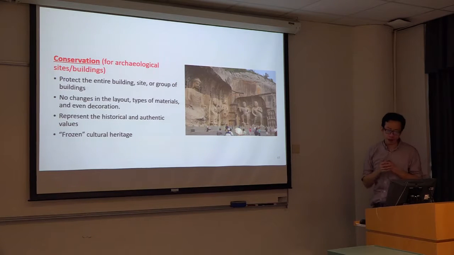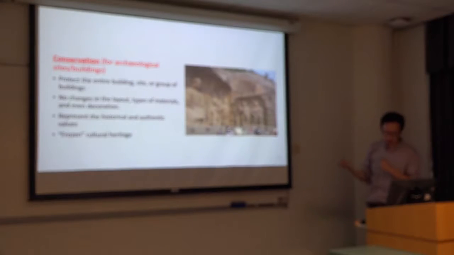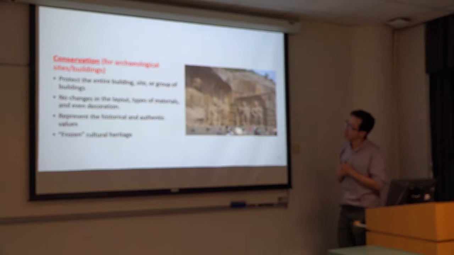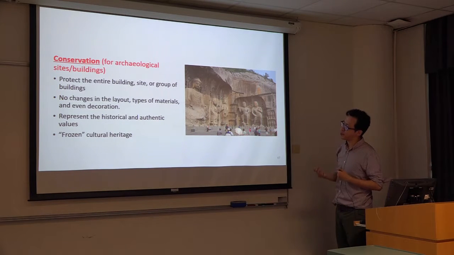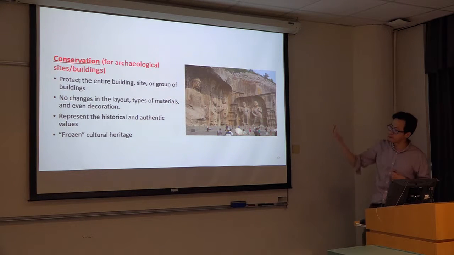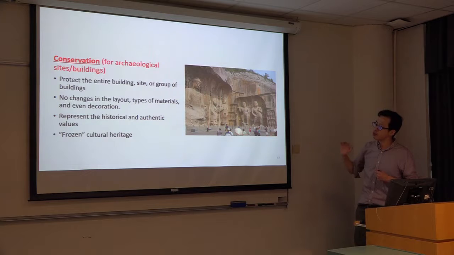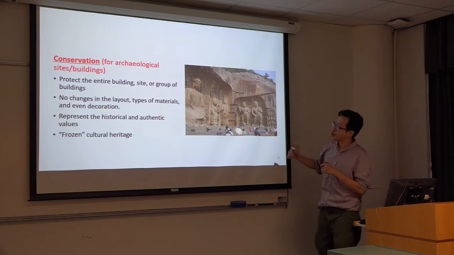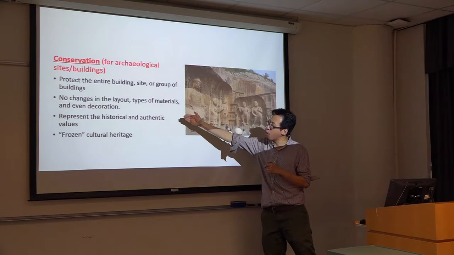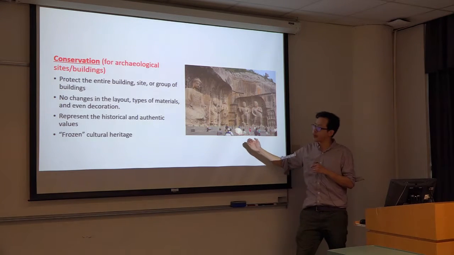Okay, so for conserving archaeological sites or buildings, here is the summary. First, we need to protect the entire site, building, or group of buildings. We should prevent changes in the layout, and we should use the original materials for conservation.